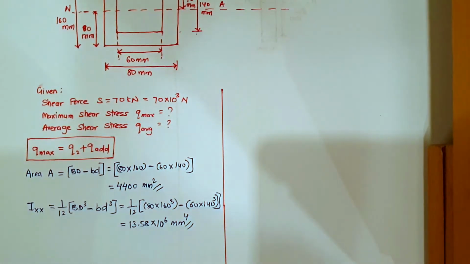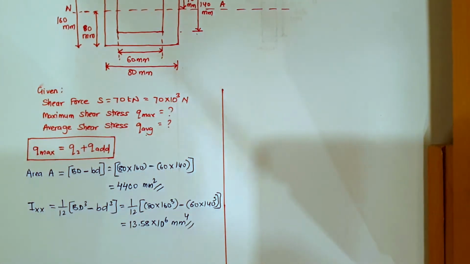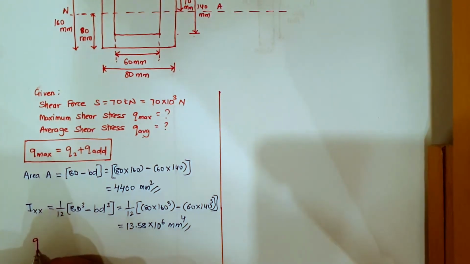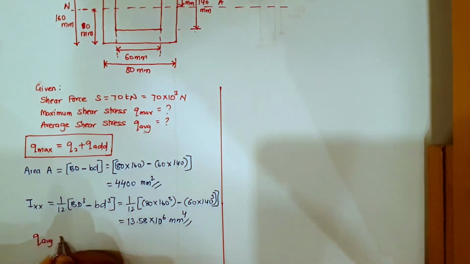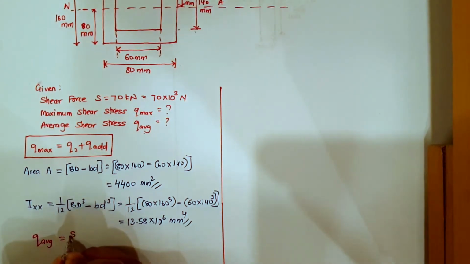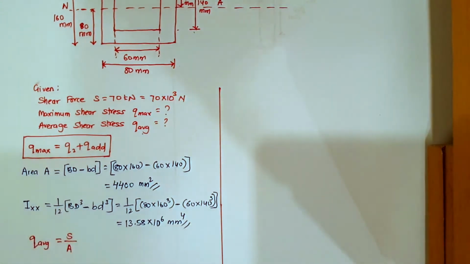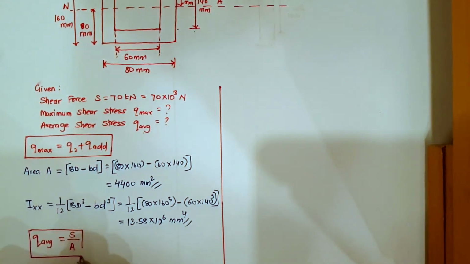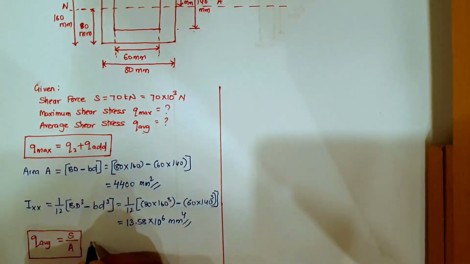So now let us find Q average first. The formula for Q average is the same: Q average is equal to shear force divided by area. So how much is the shear force in the question?